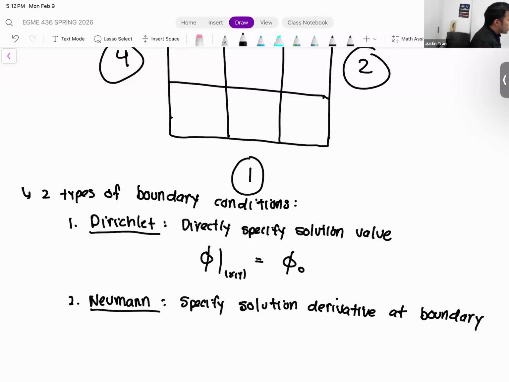In 1 dimension, it's pretty straightforward because there is only one direction we can take the derivative in. But in 2 dimensions, we can take derivatives in 2 different directions. So we have to be a little bit more specific when we're talking about our Neumann boundary conditions.